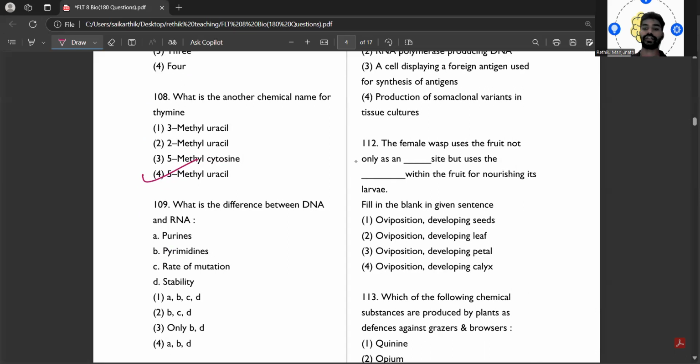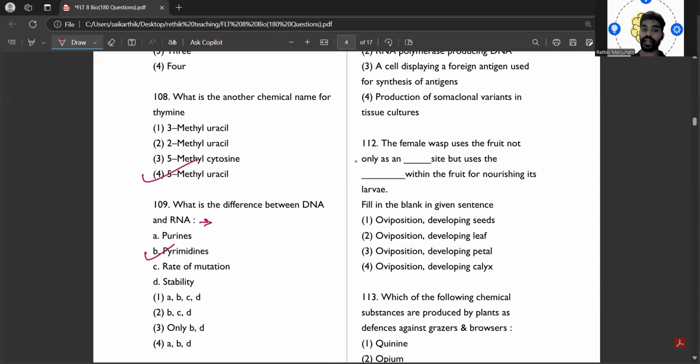So 109, what is the difference between DNA and RNA? For example, I'm talking about RNA: unstable, rate of mutation is high. Then I'm talking about DNA: more stable, rate of mutation is very low.